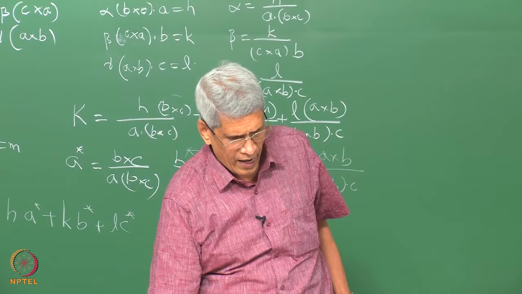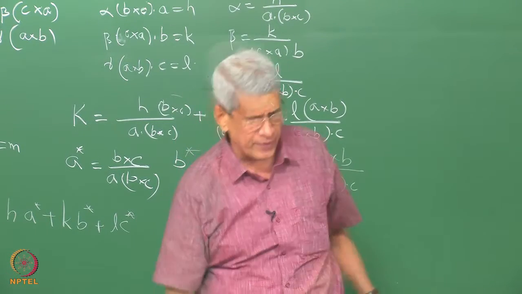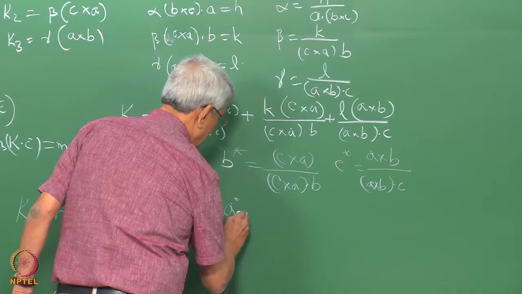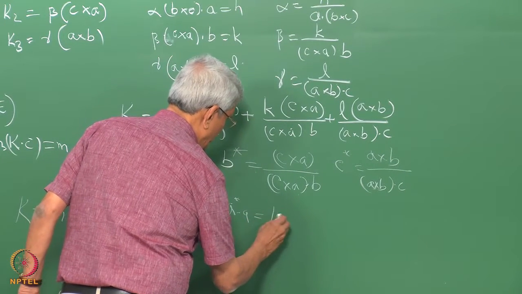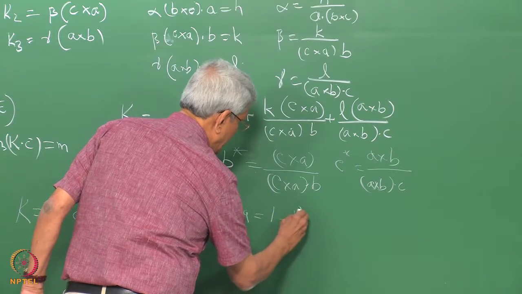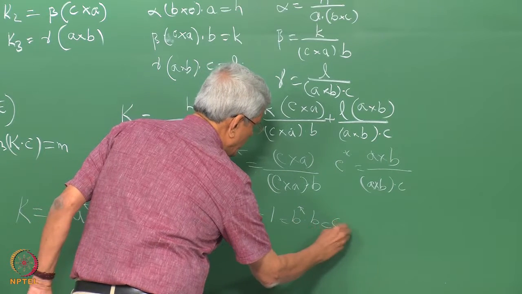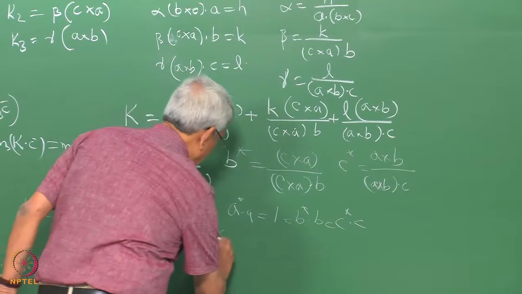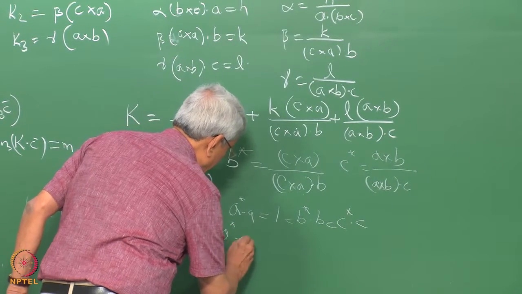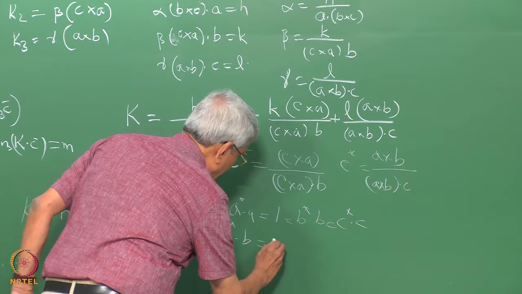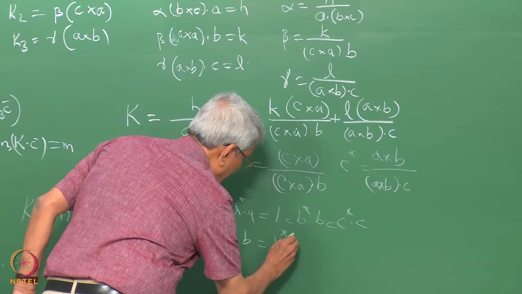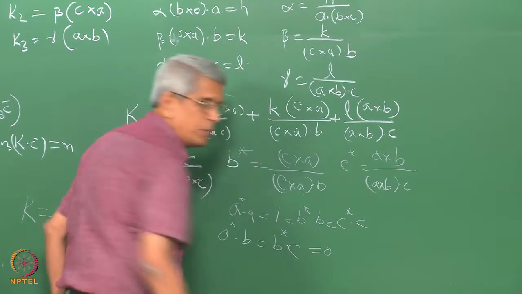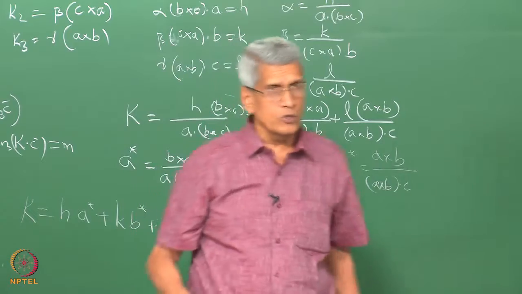What is the other property of it? The consequence is that A star dot A will be equal to 1, equal to B star dot B, equal to C star dot C, correct? Similarly, A star dot B equals B star dot C, and these will all be equal to 0, correct?